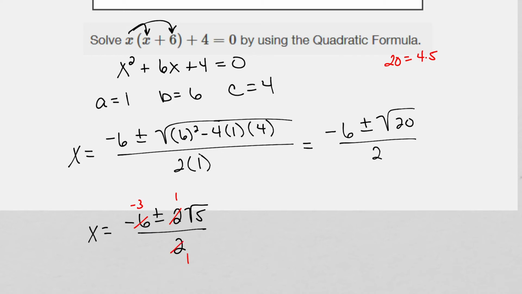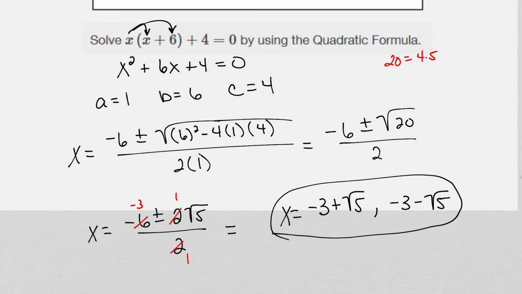Okay, and the ones are not necessary in this problem. So x is equal to negative 3 plus the square root of 5 and negative 3 minus the square root of 5. Yes, all of that is over 1, but we don't need to write it. Anything over 1, you don't have to write the over 1 part. Okay, so these are my 2 exact answers.